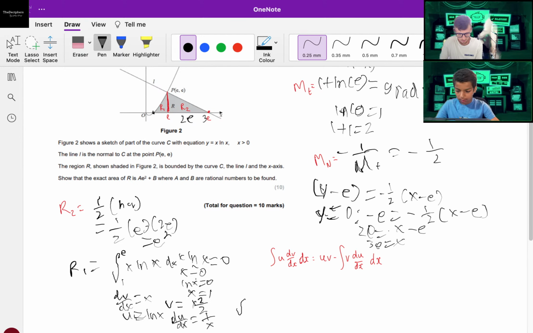So then it's ln x times dv/dx, x ln x dx, is uv, wait a second, so uv is ln x times x squared over 2.